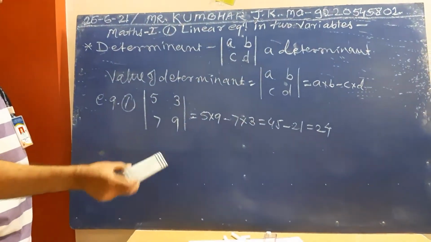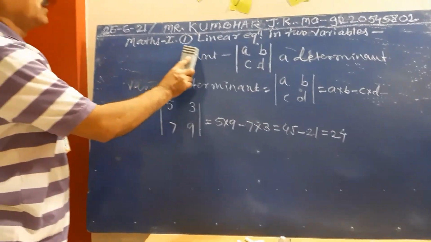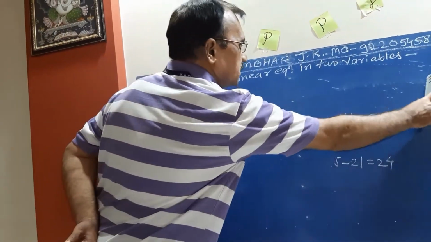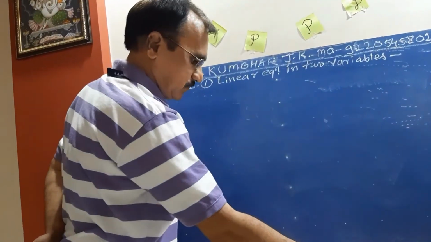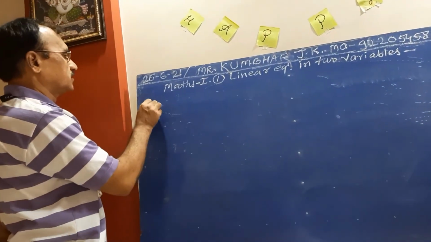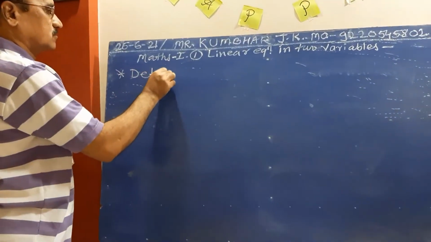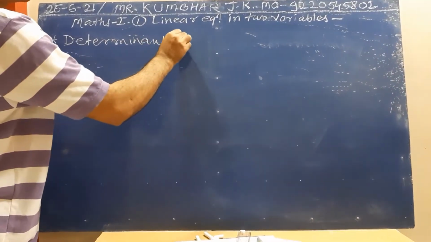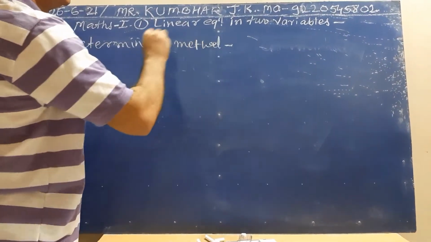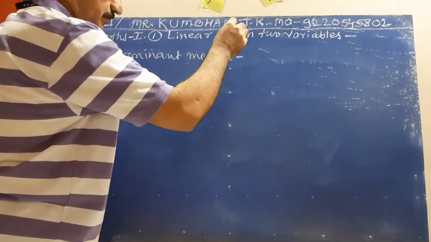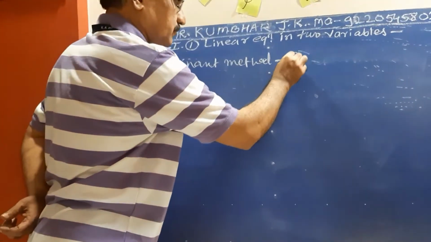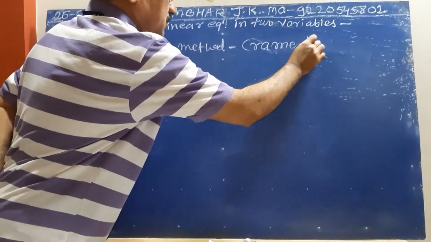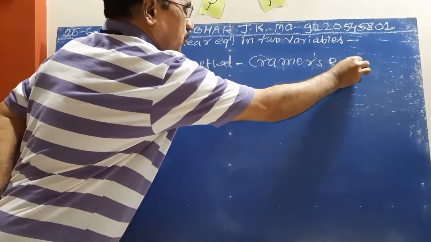Now we are going to see how to solve simultaneous equations by the determinant method. Our next point is how to solve simultaneous equations by the determinant method. The determinant method is also called Cramer's rule.